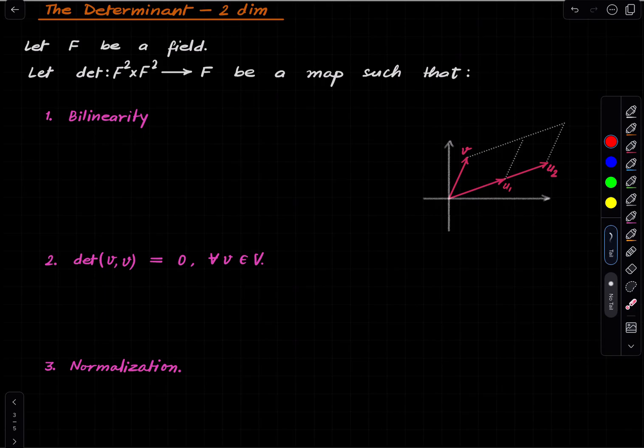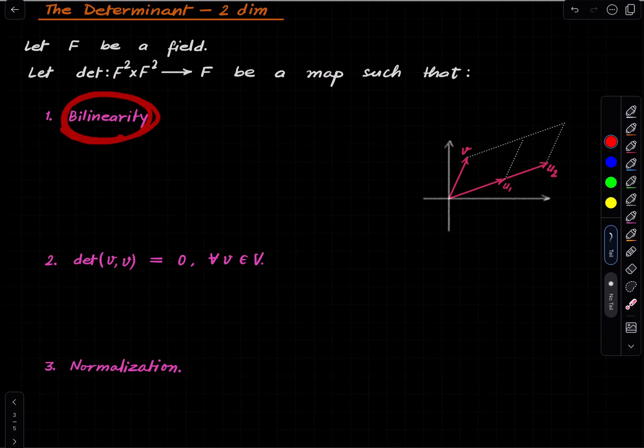So think of F as R, but the definition that we'll give will be completely general. So a determinant function is a function from F2 cross F2 to F. We are talking about only the two-dimensional case, which is why there is a 2 here. It consumes two vectors and produces a field element with the following properties.